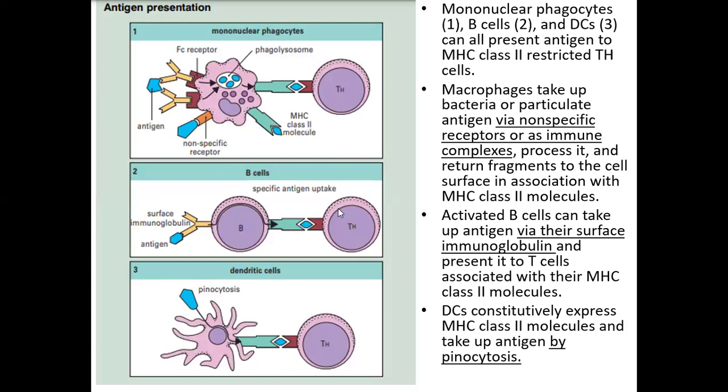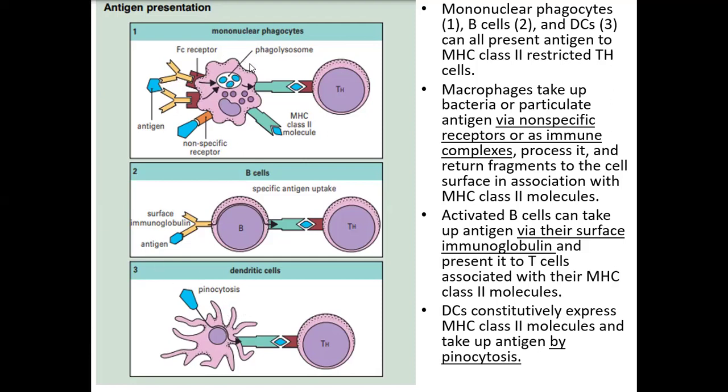So look at these three types of antigen presenting cell. This is macrophage, and this is dendritic cell.